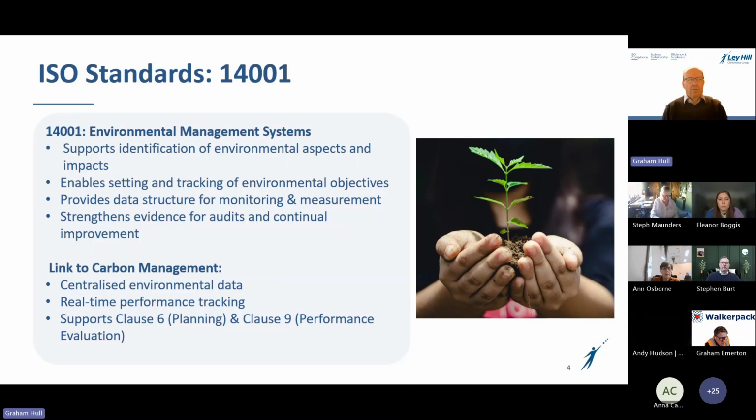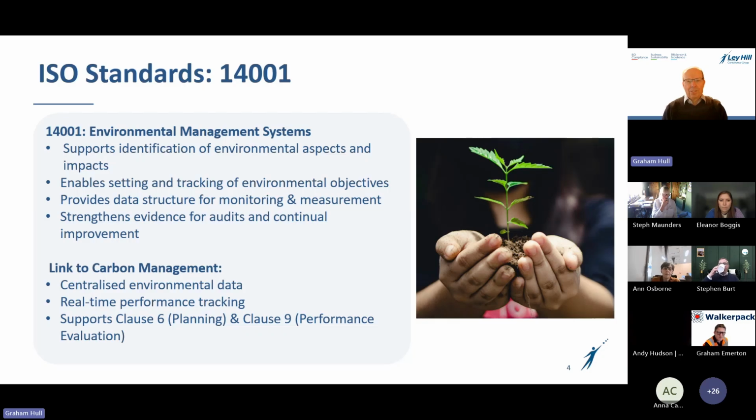The key thing about 14001, it really helps you understand the aspects and impacts that your organisation has on the environment. It's a structured way of thinking through what is it we do and what actual effect are we having, and therefore can we actually improve on that effect and do something better.